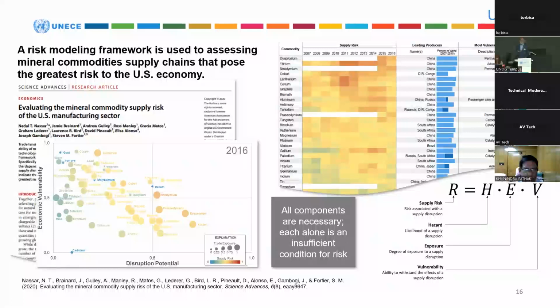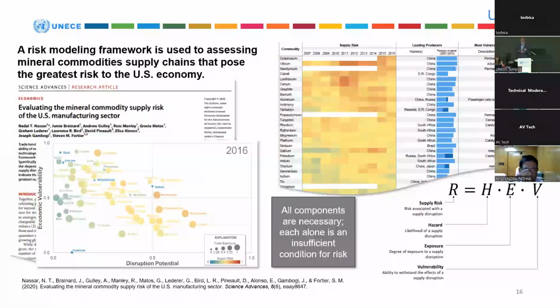In the most recent methodology of the United States, there are 3 parameters that are used, one of which is likelihood of supply disruptions, which is horizontal, consistently with the scheme of the National Research Council 2007-2008, a vertical axis, which is the impact of supply disruption, another parameter that is the exposure to trade, so how much the United States are dependent from import, which is the size of the bubble, and then the combination of the 3 parameters, that is the supply risk.